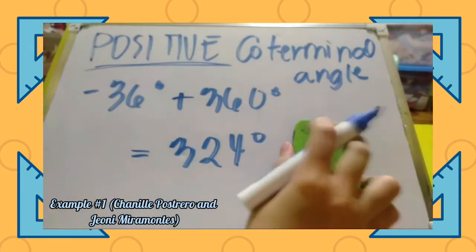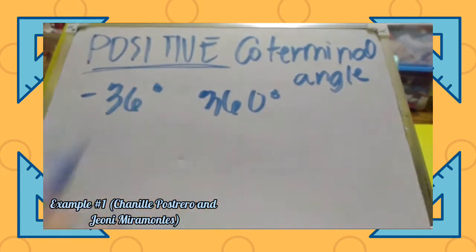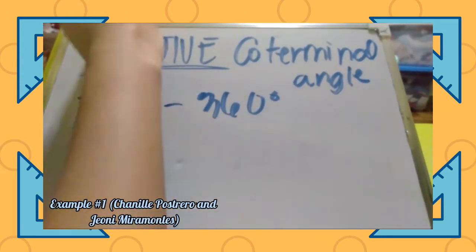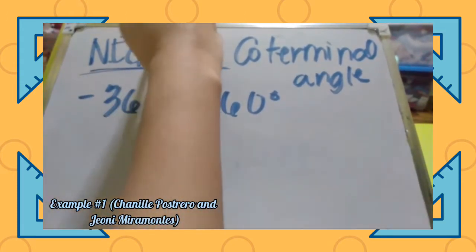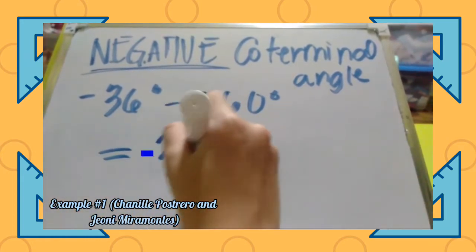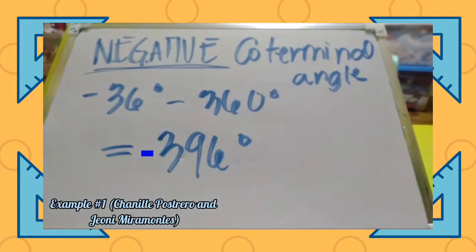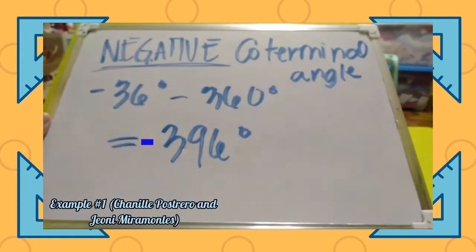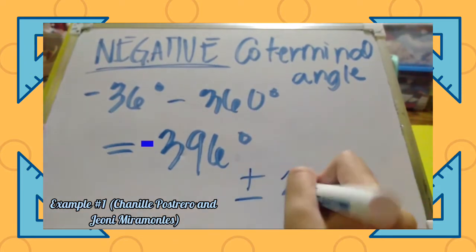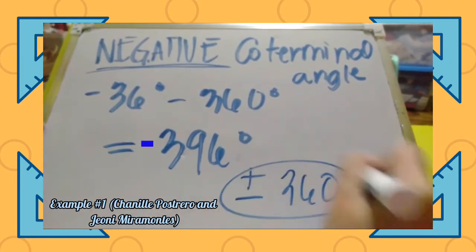And to find the negative coterminal angle of negative 36 degrees, we need to subtract 360 degrees from negative 36 degrees, which gives negative 396 degrees. You can find additional coterminal angles if you keep adding or subtracting 360 degrees to the angles above.